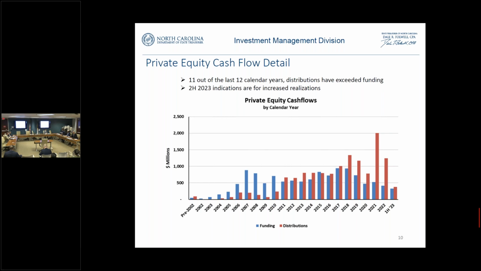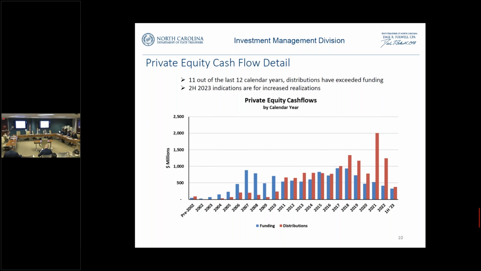So I do expect that, again, unless there's some major event in the markets that causes deals to not take place, it's going to be another cash flow positive year for us. However, you can see it's not going to be anywhere near 2021's level or 2022's. I wouldn't expect that. And what we're seeing is actually mirrored in the public markets for the most part.